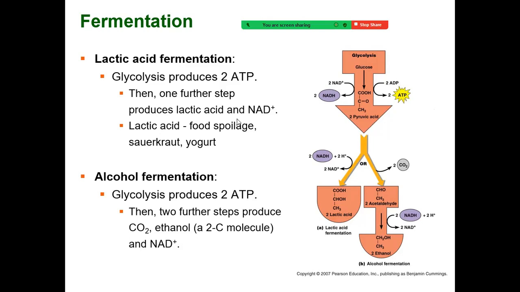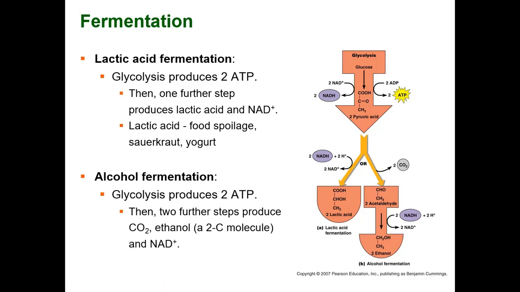In lactic acid fermentation, we run glycolysis in the normal way. And then pyruvic acid is converted into lactic acid. And in the process, NADH is used up and converted into NAD+. And if you notice, we need to have NAD+, because if there is none of it in the cell, glycolysis will stop making ATP.